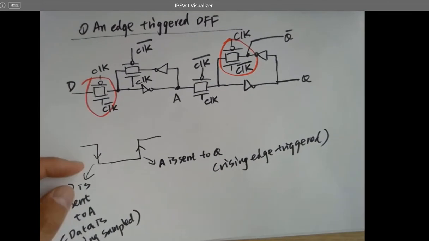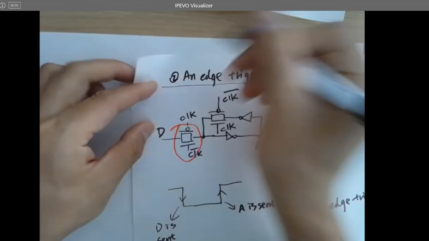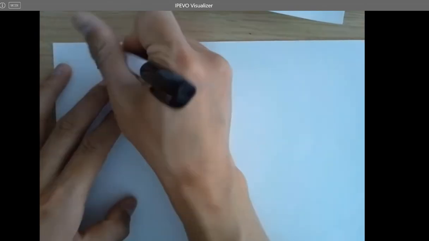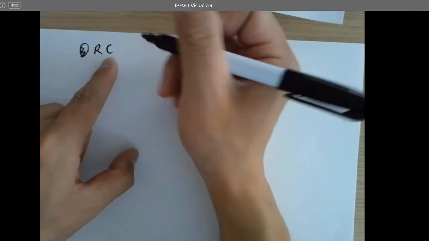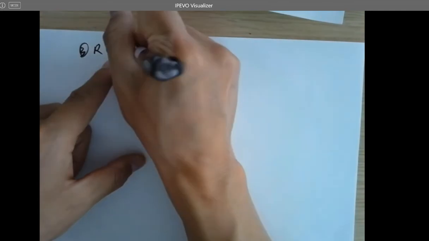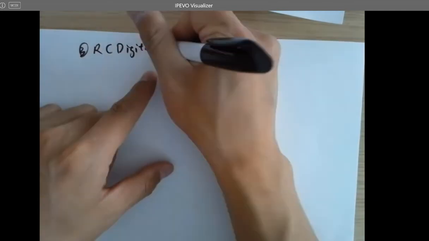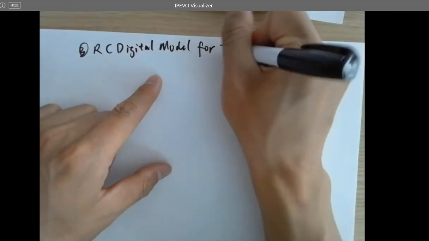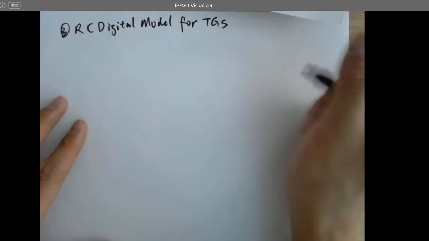No? So let's look at the digital model for the transmission gates so we can analyze the time delay for these flip-flops. The resistive and capacitive digital model for TGs, transmission gates.